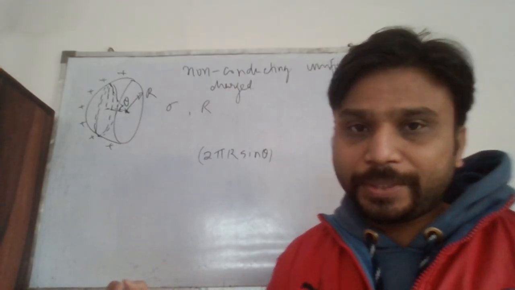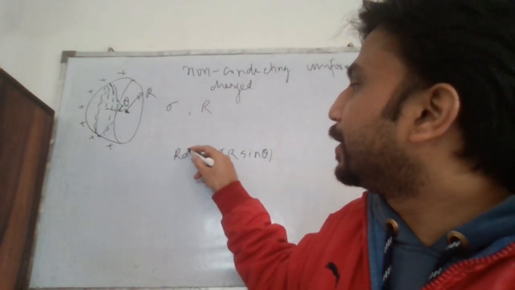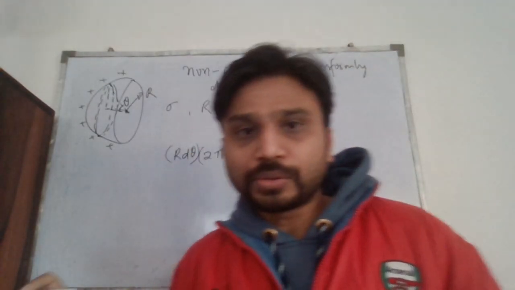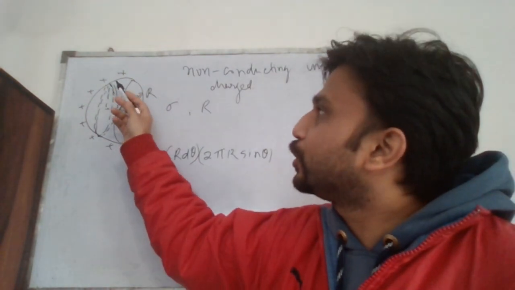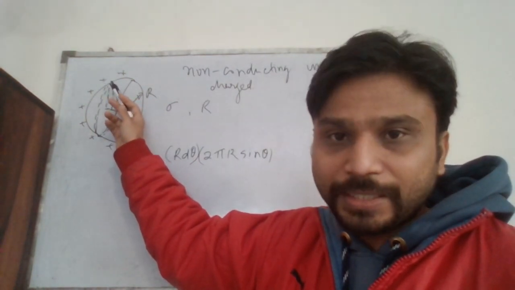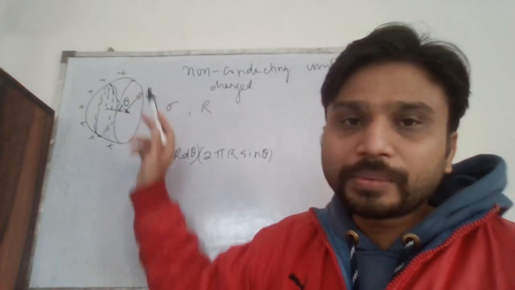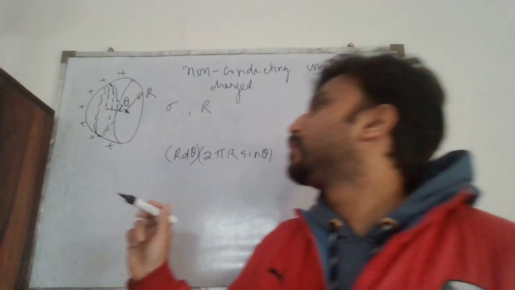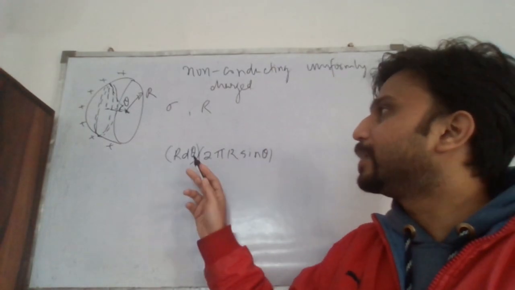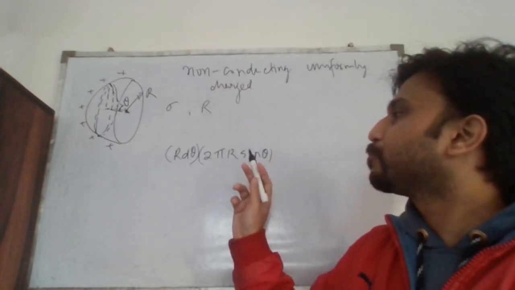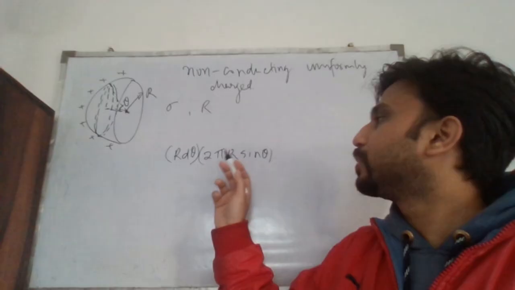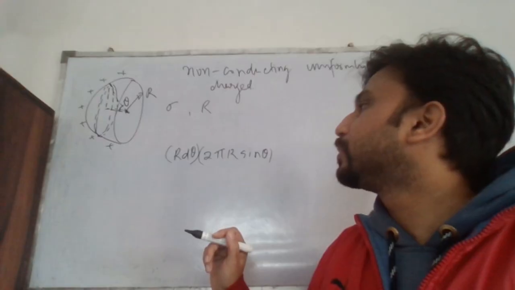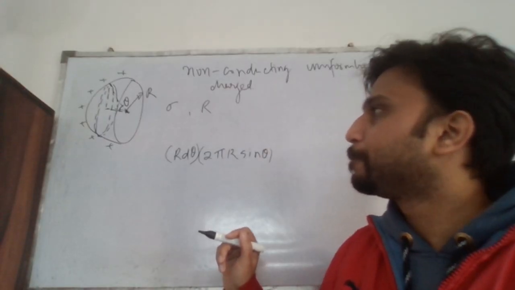What about the width of the element? The width of this element is r d theta. If we shift our radius vector by this d theta angle, we'll be able to trace the width of the element. So we multiply this width r d theta with the perimeter of the circular element.